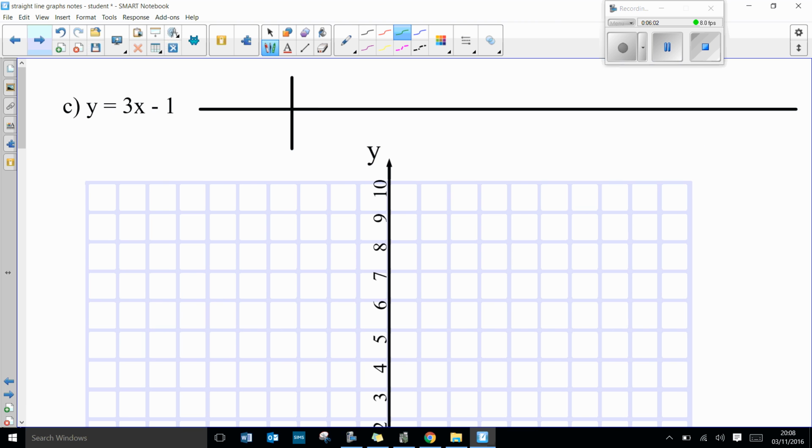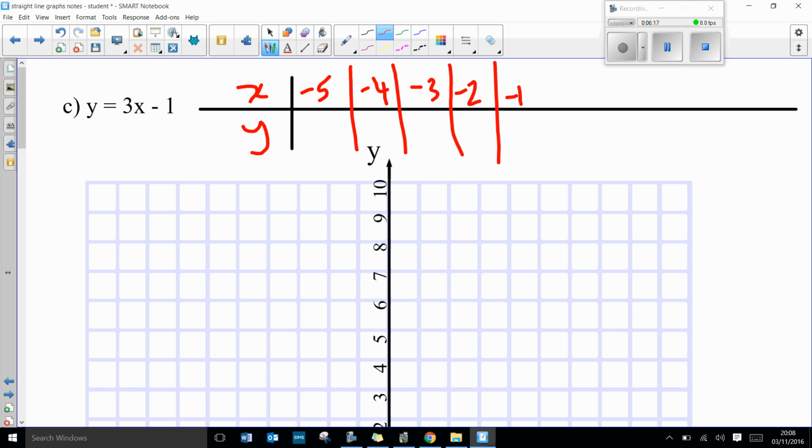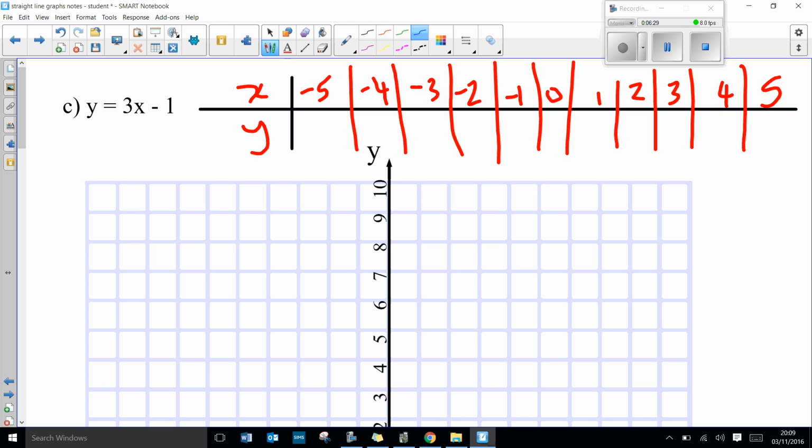Okay, this time we have 3x minus 1, x, y, -5, -4. So our rule this time is 3 times x take away 1.